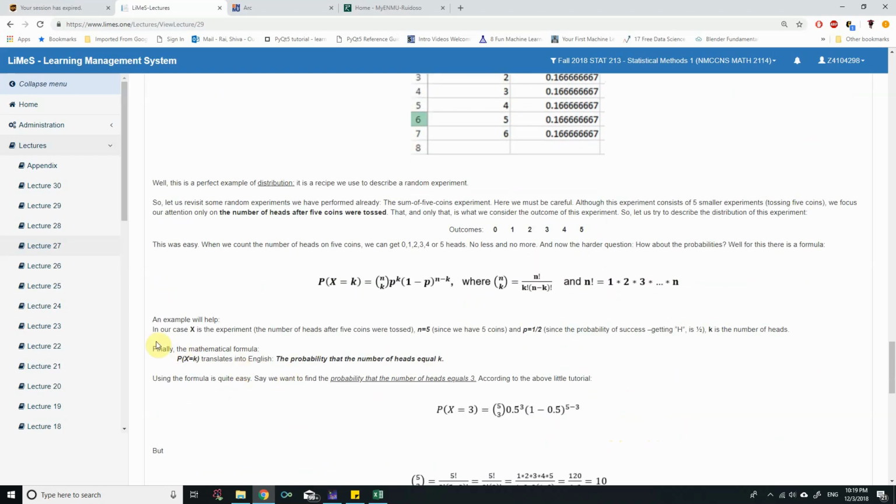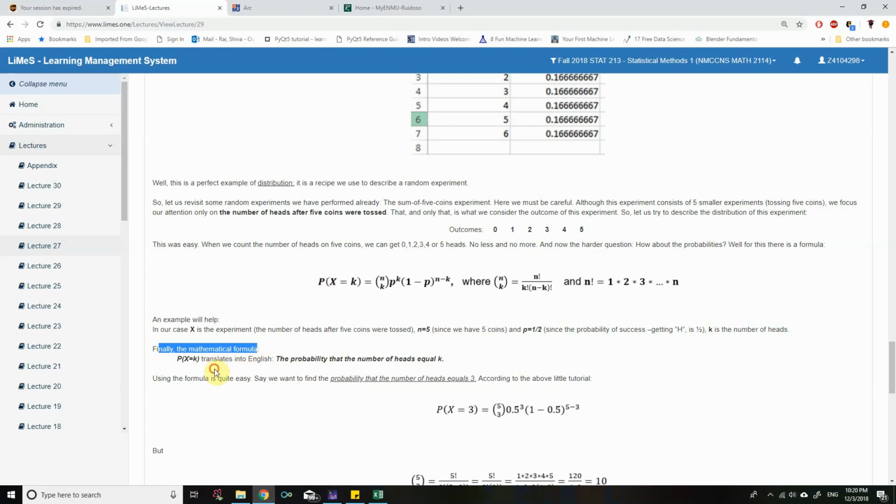An example will help. In our case, X is the experiment: the number of heads after 5 coins were tossed. n equals 5 since we have 5 coins, and p equals 1/2, the probability of success, getting head, which is 0.5. And k is the number of heads, how many heads you want to get. So plug this into the formula.